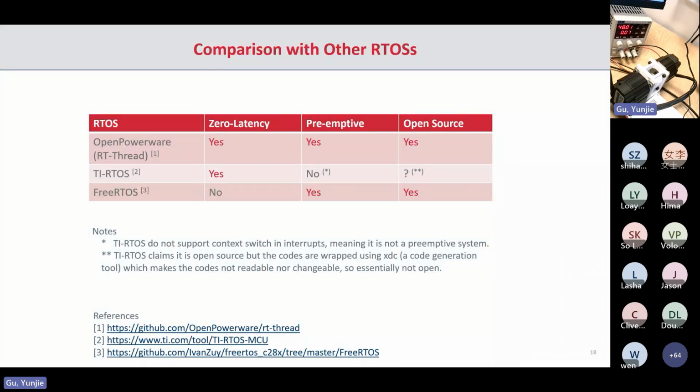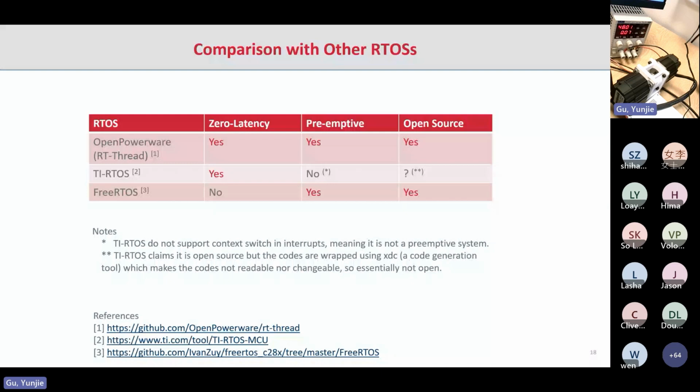So that means we can't really preempt the thread. You have to wait for the thread to hand control back to the OS itself. So there's no preemption. And the TI RTOS is also not open source.